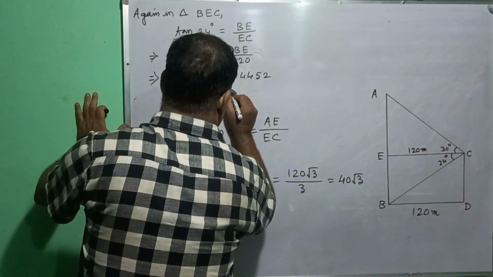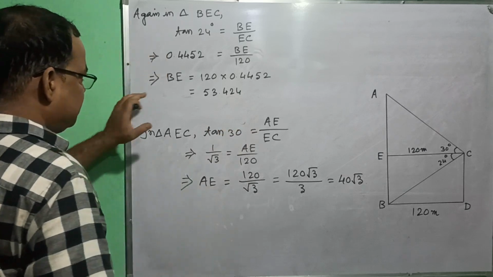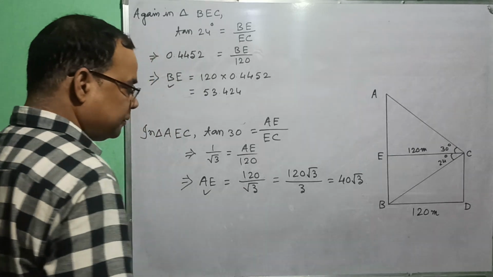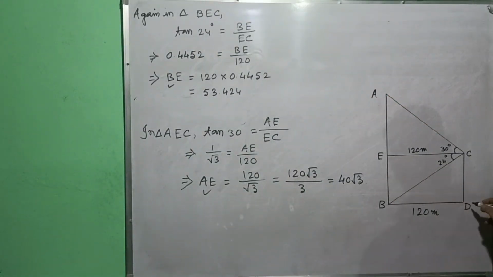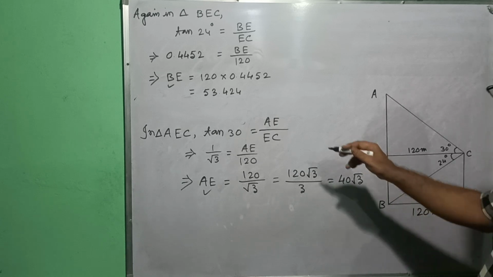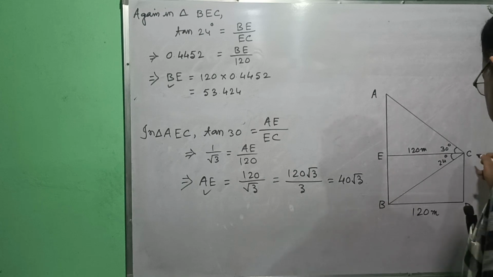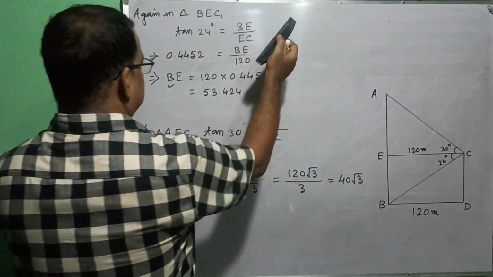I have written up to 3 decimal. So we find BE also and AE also. Now another thing, BE is equal to CD. As we already find BE, it means we already find the tower CD.